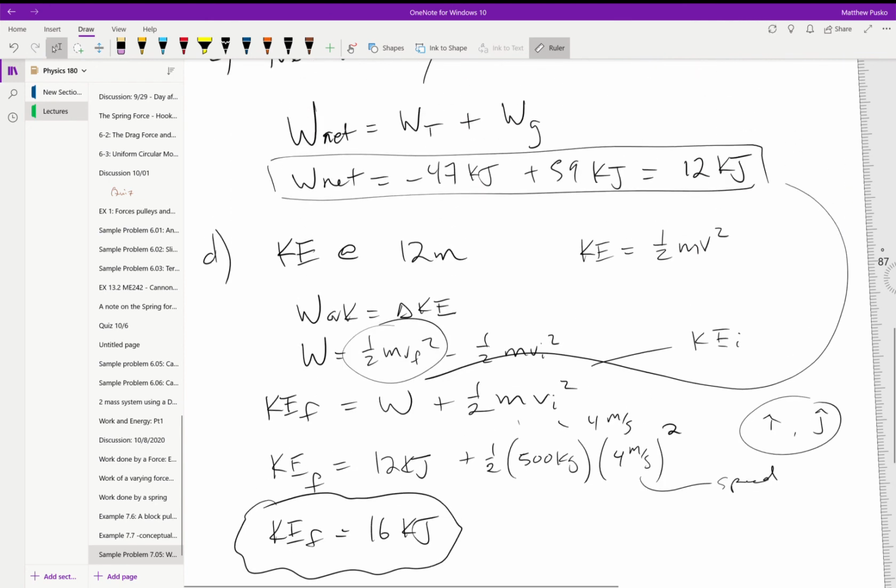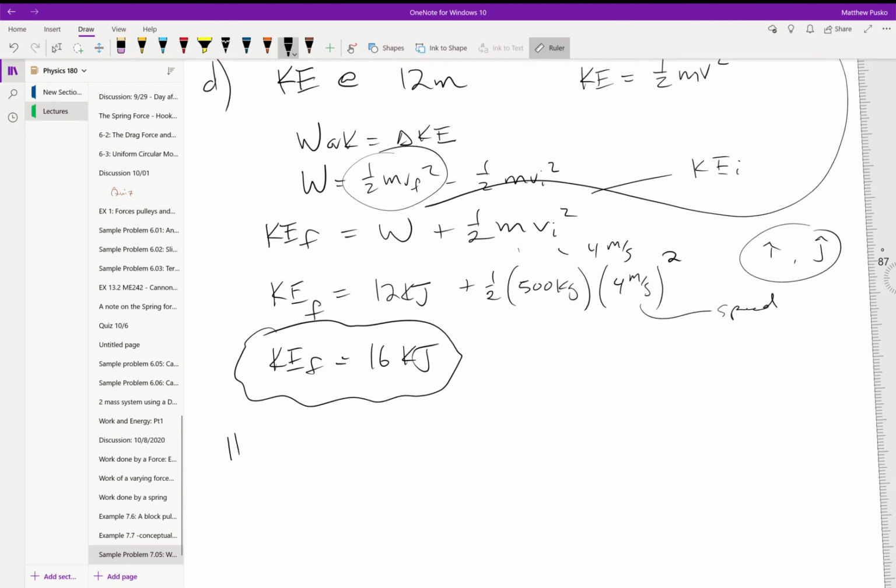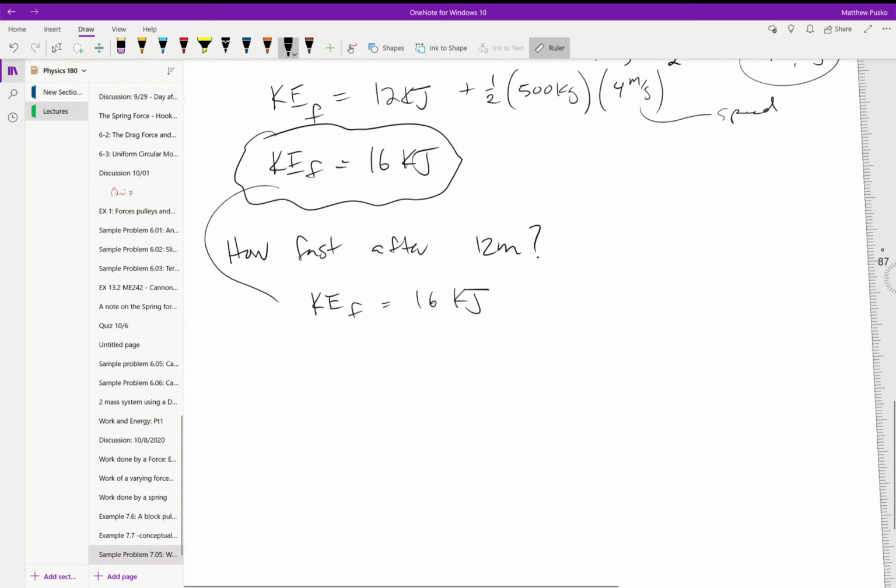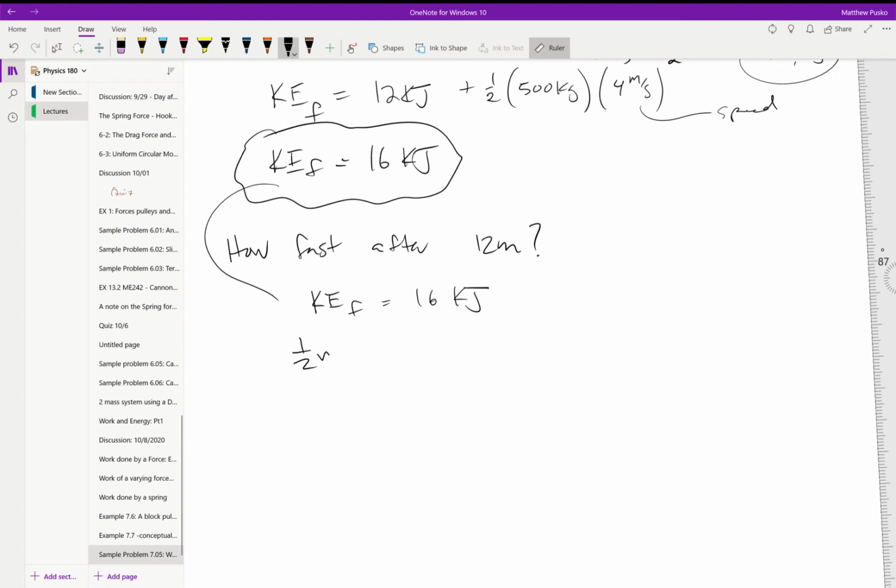That's great and all, but that doesn't really tell us much. It'd be more interesting to know how fast it's going, in my opinion. How fast after 12 meters? Well, if the kinetic energy in its final state is 16 kilojoules, we can just solve this. We can say 1/2 mv final squared is equal to 16 kilojoules, and solve this for v final. It's going to equal that 16 kilojoules divided by the mass times 2, and then we take the square root.